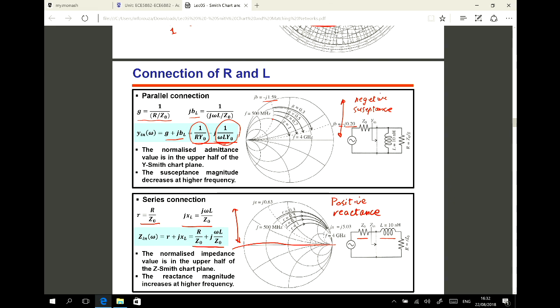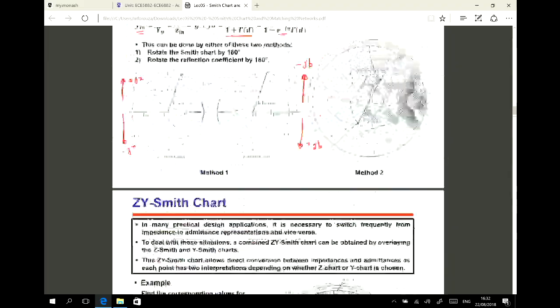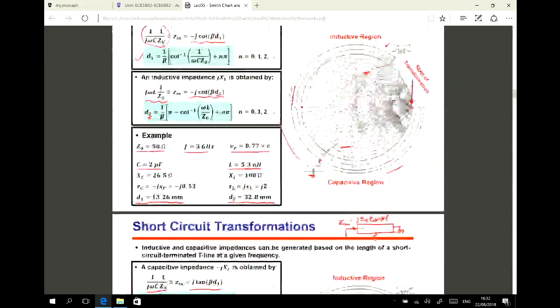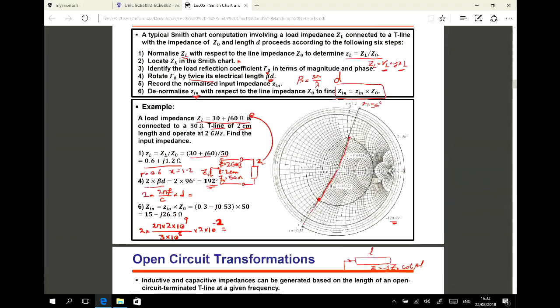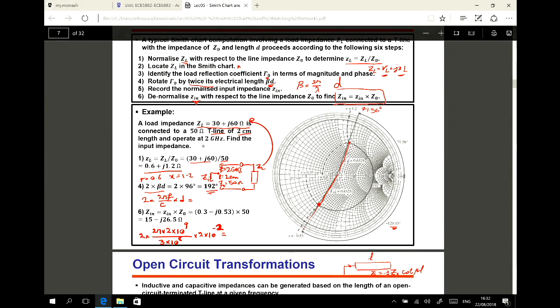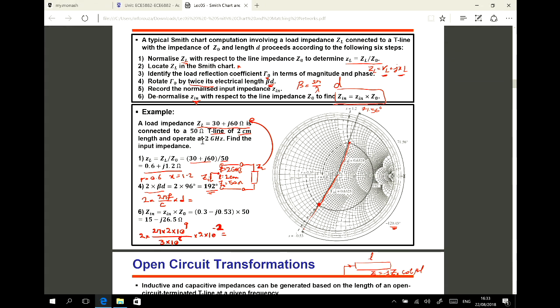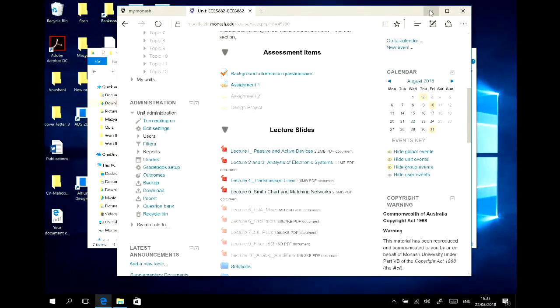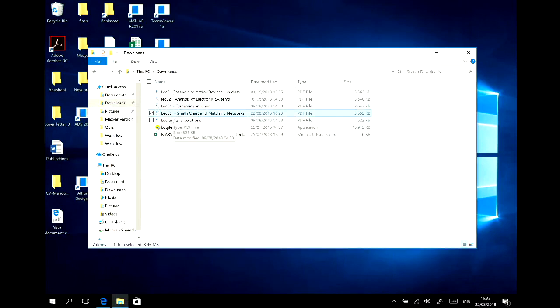This is because of this. So this is not C, this is 1.5. I will update this, I forgot to. It's not C. It's VP.